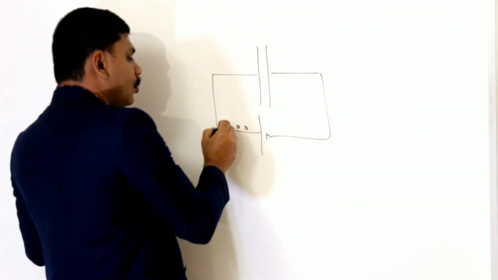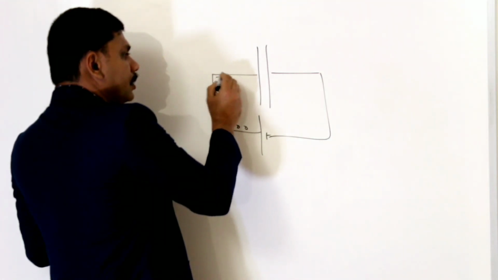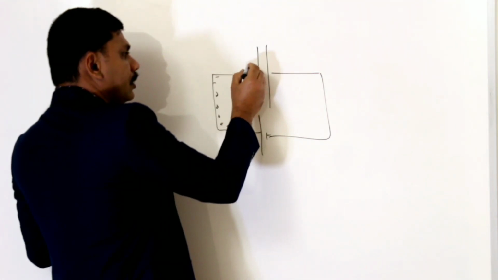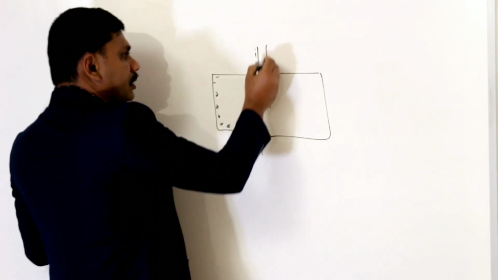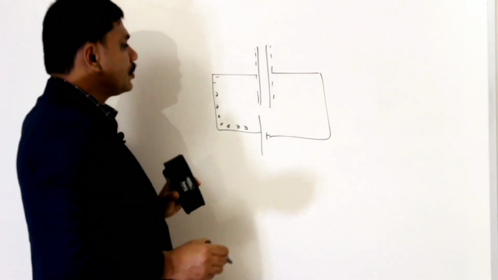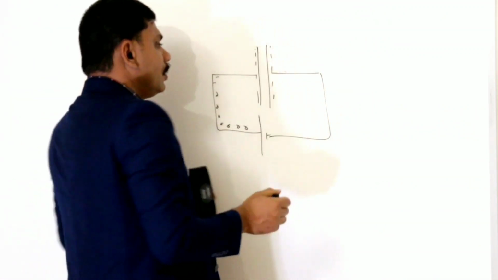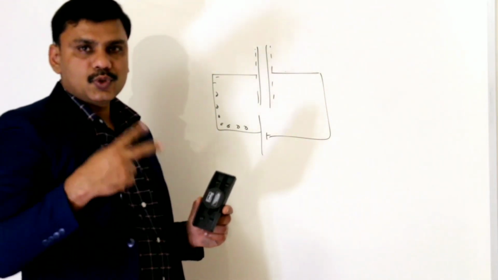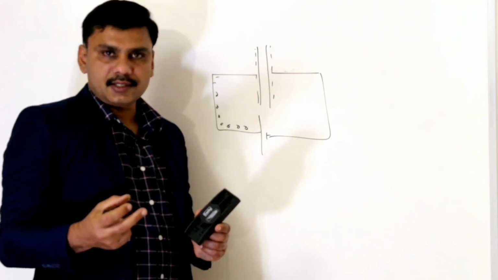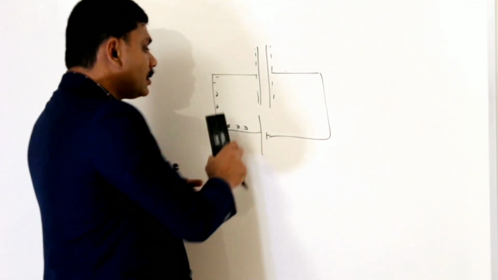Charges will move. Charges will store here on one plate. This is another plate. So charges will accumulate here. So the function of the capacitor is to store the electric charges.